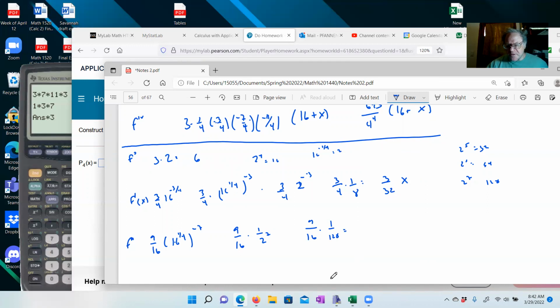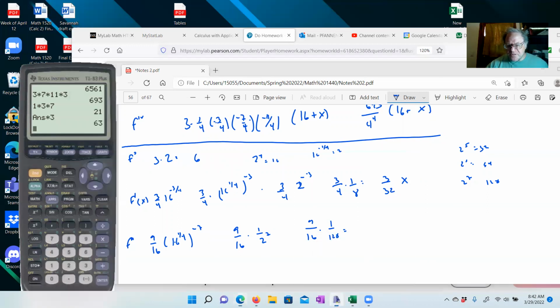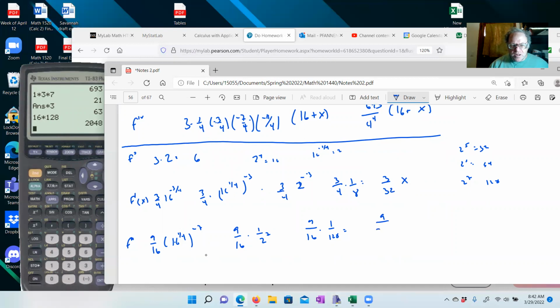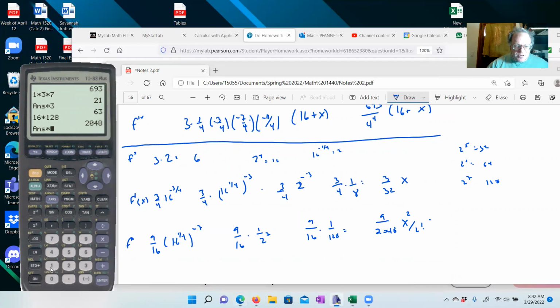I'm not going to bother trying to sort that out. We're just going to use the calculator. So 16 times 128 is 2048. So this is 9 over 2048 x squared, divided by 2 factorial. So this is going to be 4096, times 2.